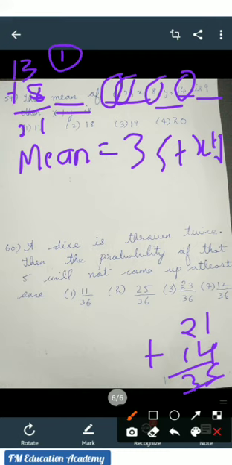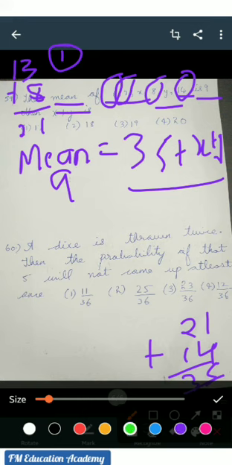The mean is given as 9, and it is asking us the value of x plus y. How many observations are there? 1, 2, 3, 4, 5, 6.